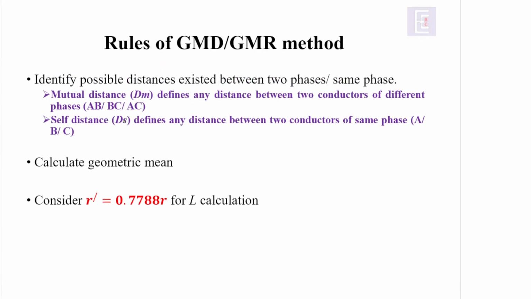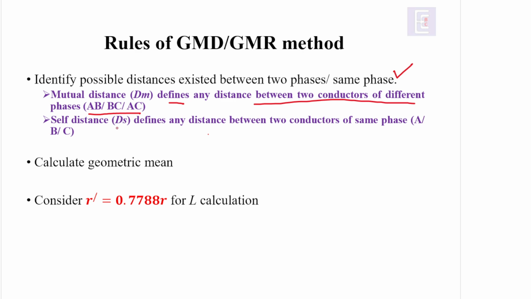The first rule is that you should identify the possible distances that exist between two phases or the same phases. What is mutual distance? It is any distance between two conductors of different phases, as I already told you, either A to B, B to C or A to C.